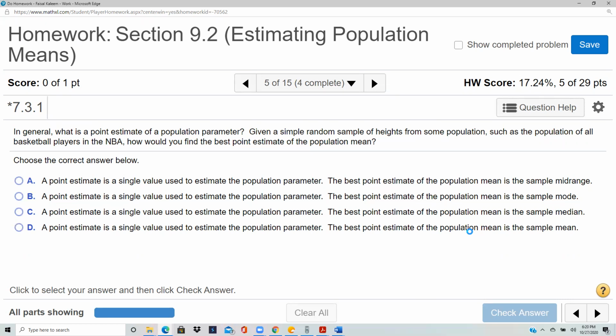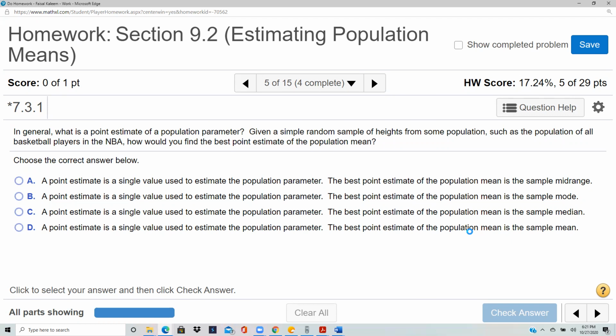Now it's based on the sample, but if you don't know anything else about the whole population, then that sample value is the best estimate for the population. So for example, if you find the heights of those 50 NBA sample players that you took, let's say you find their average height to be 6 feet 2 inches.